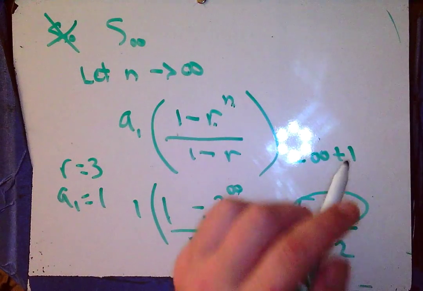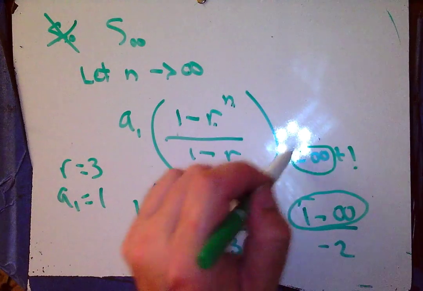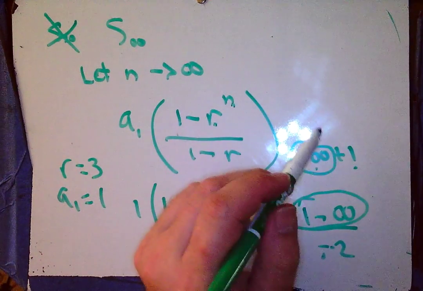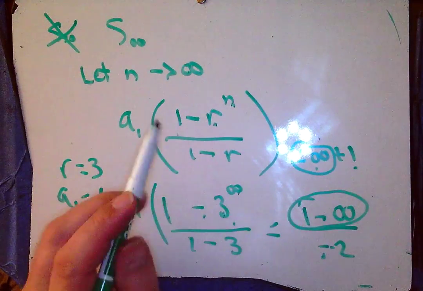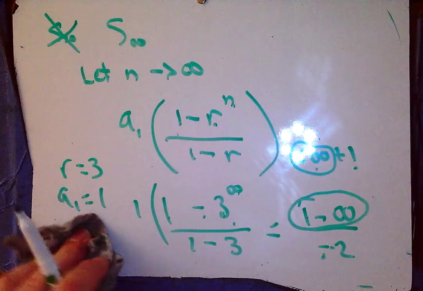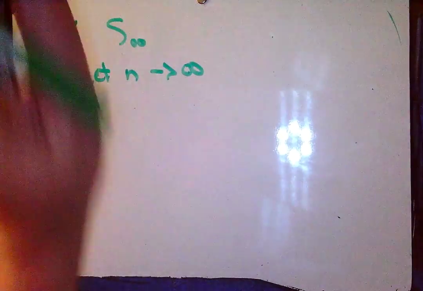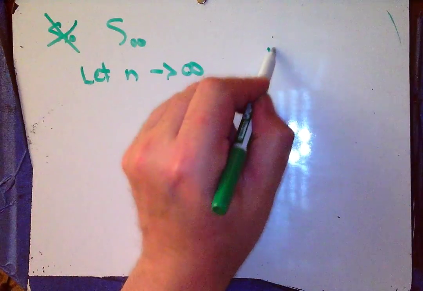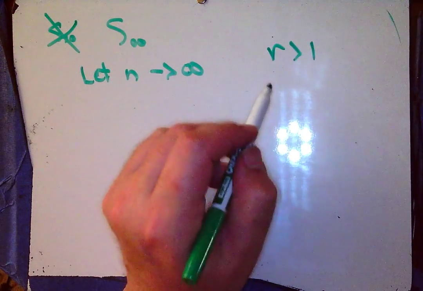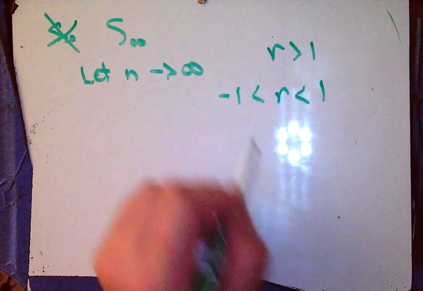Nobody's going to notice that extra 1 there. And so we end up then with negative infinity divided by negative 2, and that is still infinity. So the value of this sum is infinity. So there's not a lot of value in doing the sum of an infinite number of terms when r is bigger than 1.